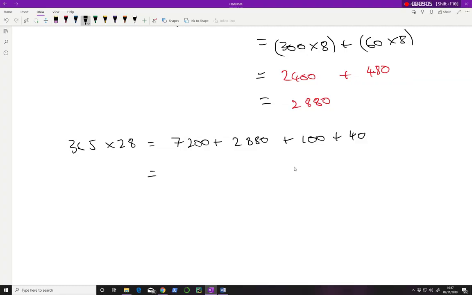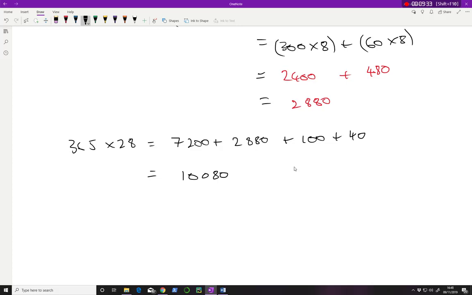This is going to be 10,080, because what I did here was that I just dropped that 80 to the side and just had 2,800 plus 7,200.